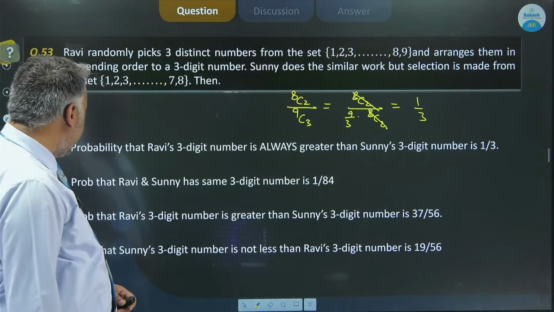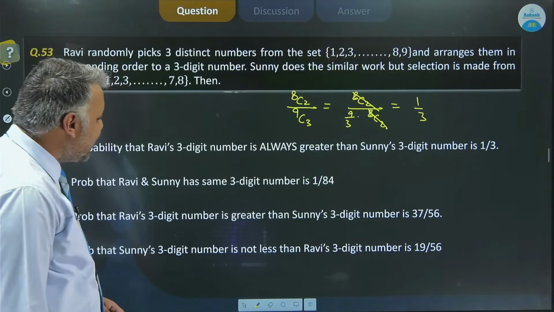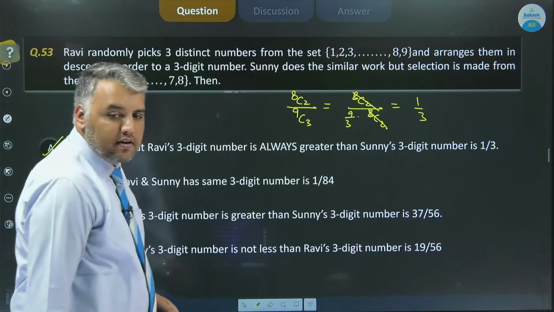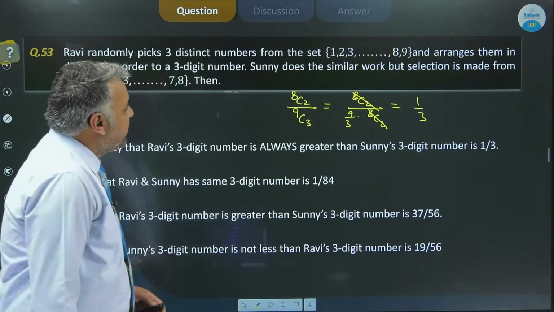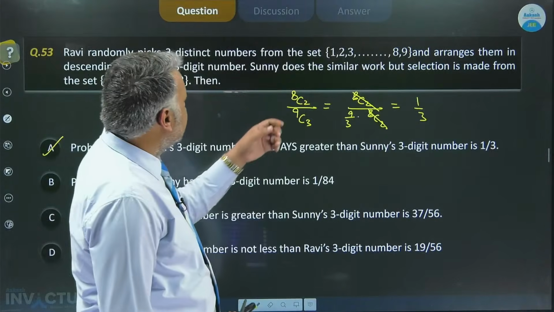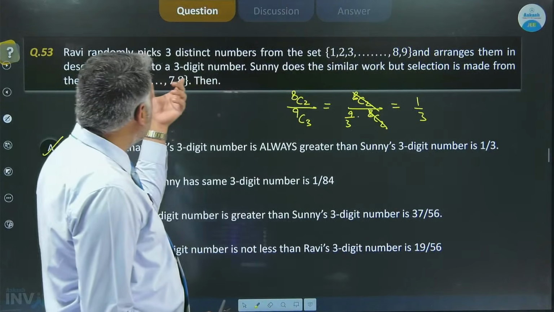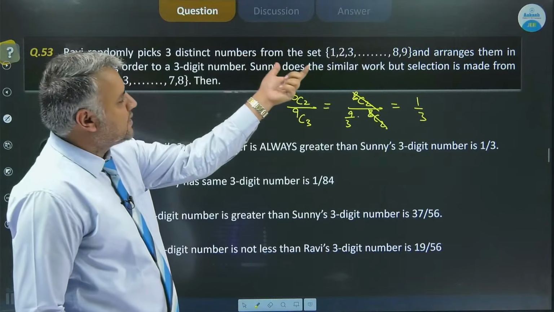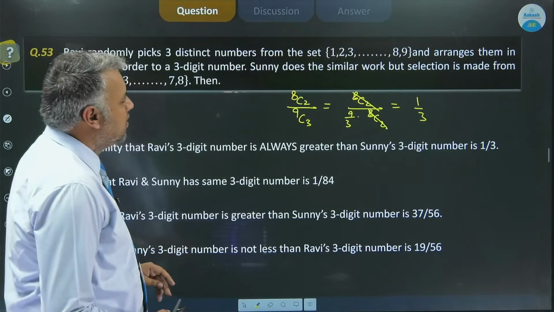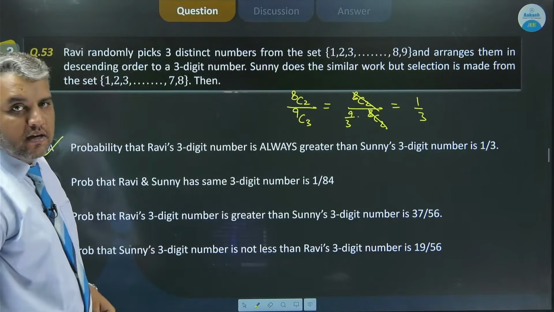In the second option, we have to find the probability that Ravi and Sunny have the same 3-digit number. That means Ravi is not using 9, and whichever number Sunny formed, Ravi will form the same number from the remaining 8 digits.